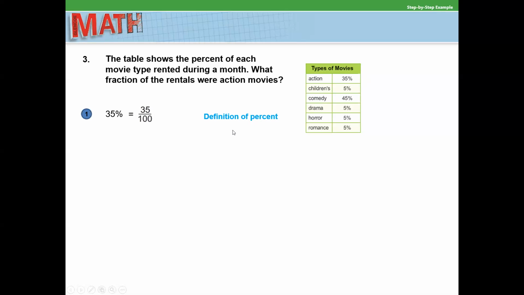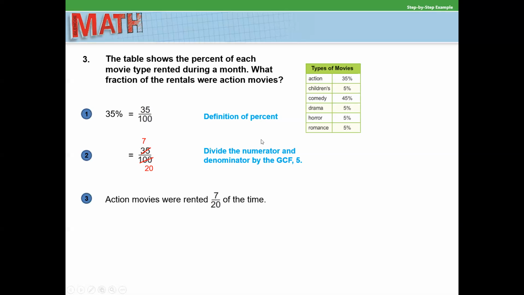That's the definition of percent. Equals 35 hundredths. We need to simplify. Divide by 5 on the top and the bottom. The greatest common factor was 5, and we simplified to 7/20. Action movies were rented 7/20 of the time.